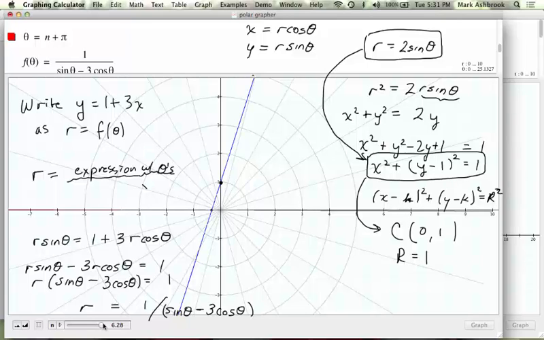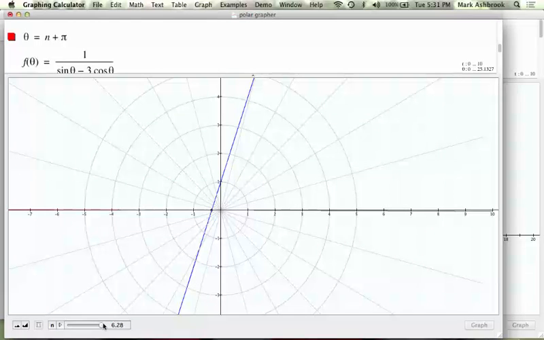Okay. So let's try some more of these polar graphs. These are kind of cool. Let's try r equals 1 minus cosine theta. Here we go. We're going to turn this one off.